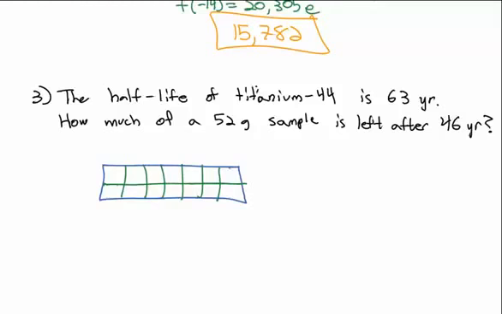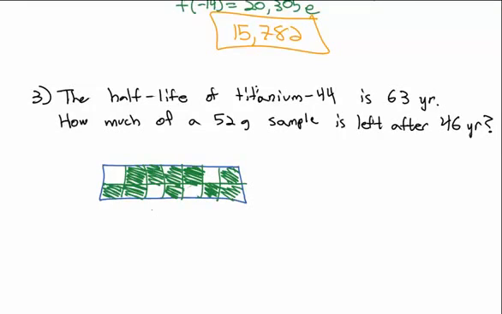What happens is there's a probability that any one of these will suddenly decay away at any given moment in time. So there's less and less titanium actually available. And the way the probabilities work out is it takes about 63 years and half of them are gone. Then it will continue to decay, and in 63 years another half of them will be gone.